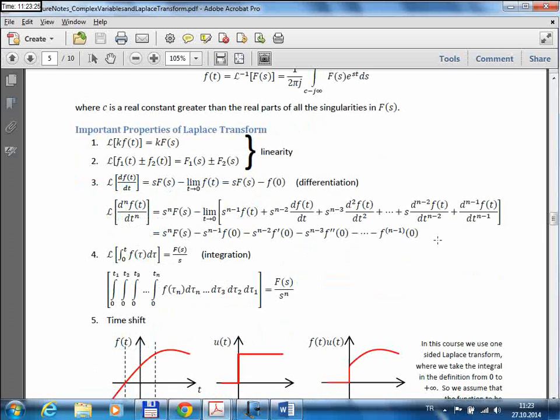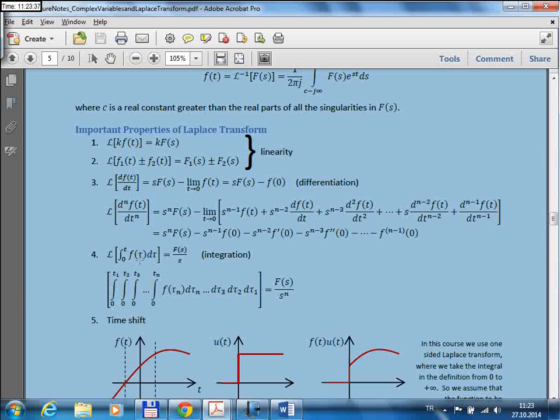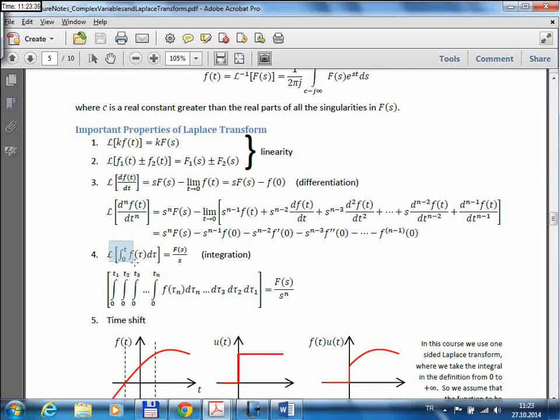Okay, and there's an integration property, which is given here, the fourth property. It says that if you want to take the transform of the integral of a function f of t, it is equal to the transform of the original function divided by s.